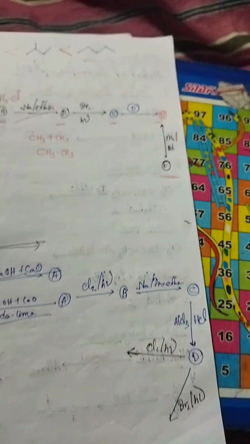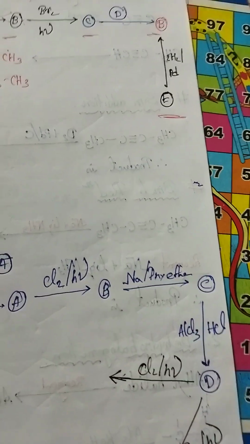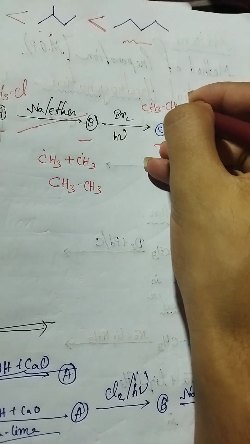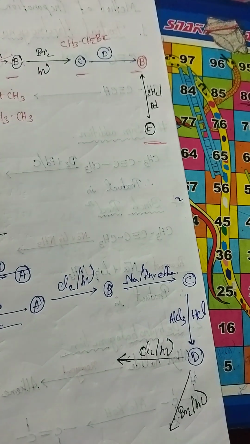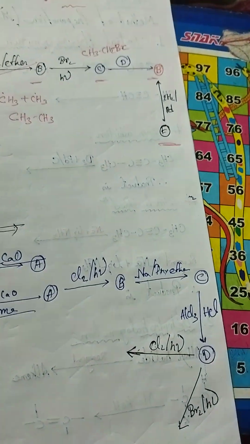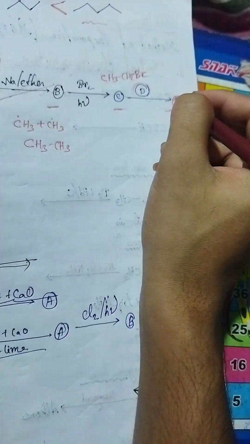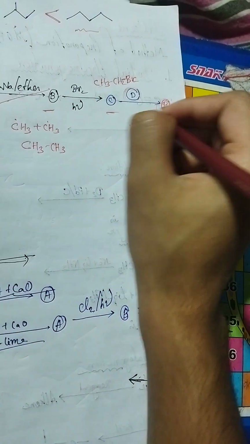And now talk about what is C. C is CH3CH2Br. And now what is D? What is the reagent D? The formed product is B, ethane.